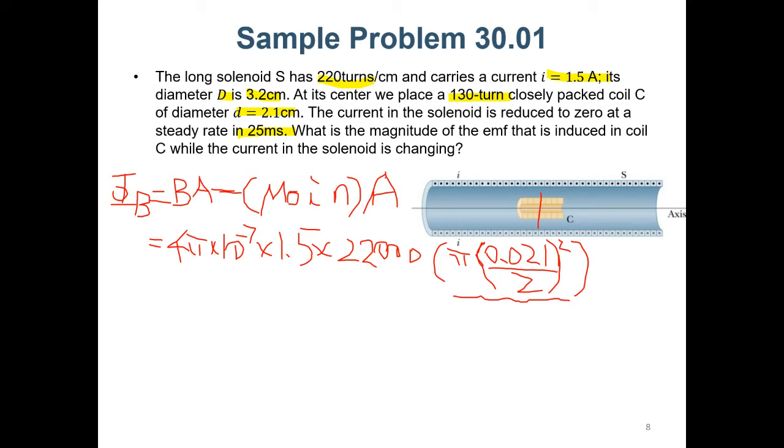This is for the meter. So because of diameter, we need to divide by 2 to be the radius. So actually this one should be 1.44 times 10 to minus 5 Weber.